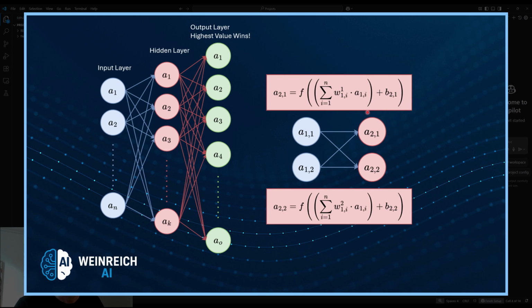Then you add the bias in the end, and then you use an activation function. That could be a sigmoid or ReLU. It's the same calculation for the other neuron, except that it's different weights, but it's the same activation values that come from the previous neurons.